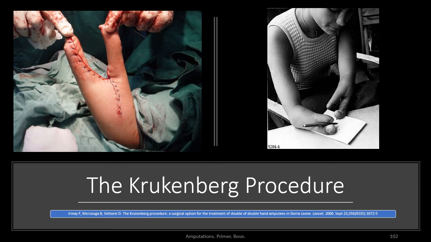The success of the Krukenberg procedure depends directly on the strength of the pronator teres, the sensibility of the skin surrounding both the ulna and the radius, the elbow mobility, and mobility of the ulna and radius at the proximal radio-ulnar joint.